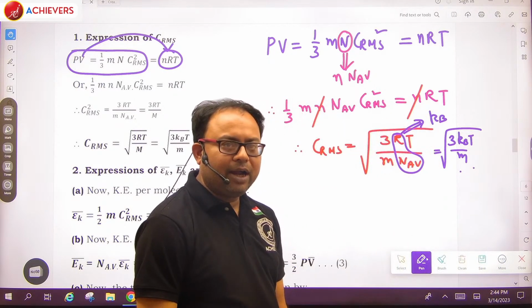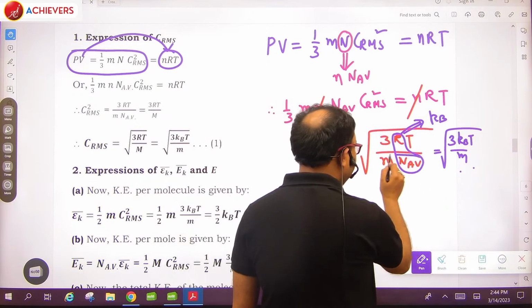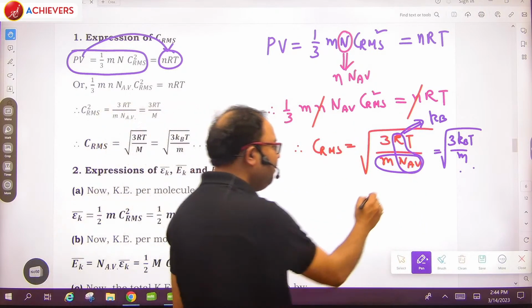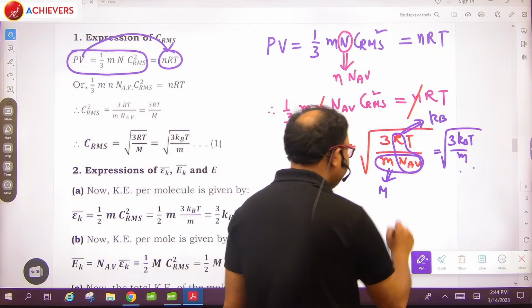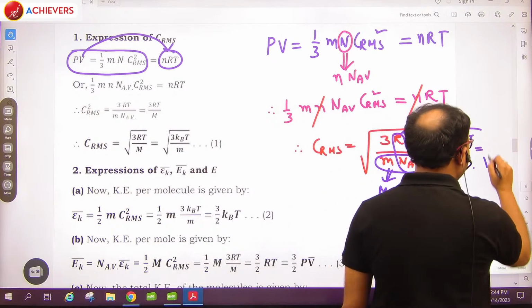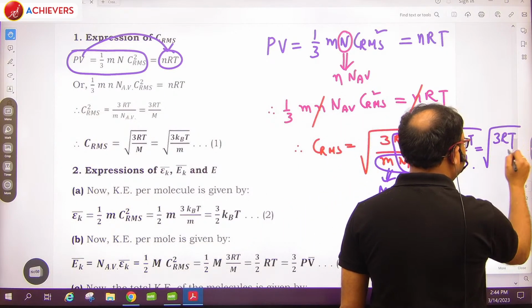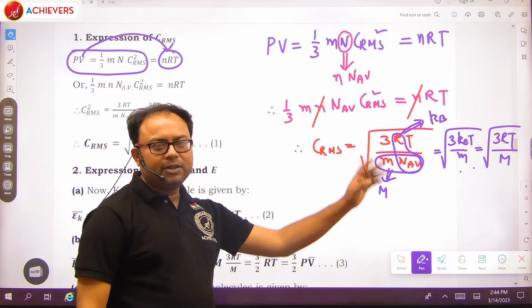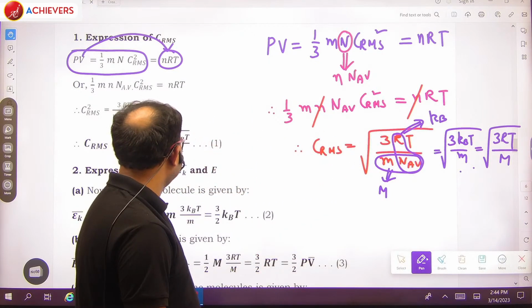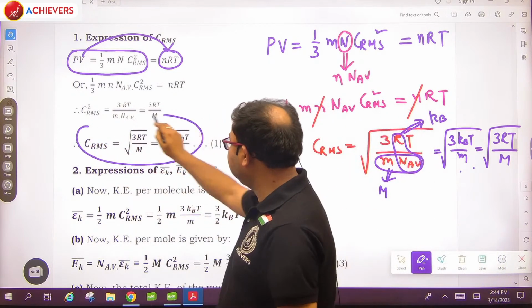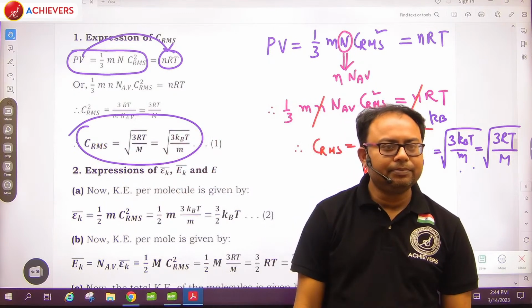Or you can replace mass of molecule multiplied by Avogadro number by molar mass capital M, and you can write the result as root over of 3 RT by capital M. Both the expressions are correct. So this is the expression of CRMS, that's what we have got.